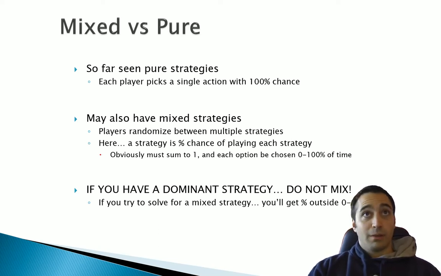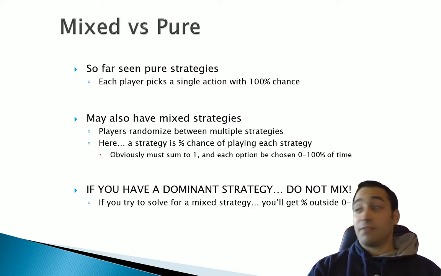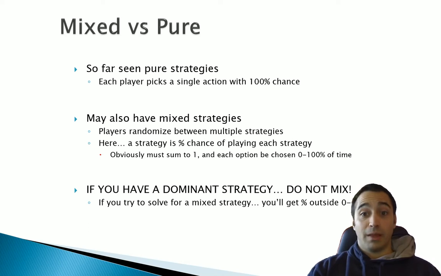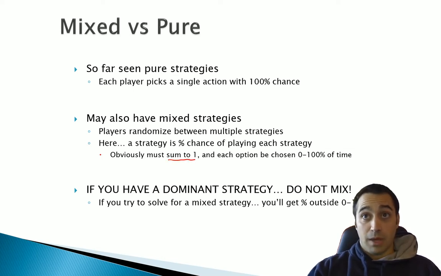Okay, so next thing we should do is talk about what mixed strategies exactly are. A mixed strategy is defined as a strategy in which a player plays some percent chance of each option, and at least 2 of the options are not 0. Obviously, the probabilities you use must sum to 1, and each option must be between 0 and 100%.